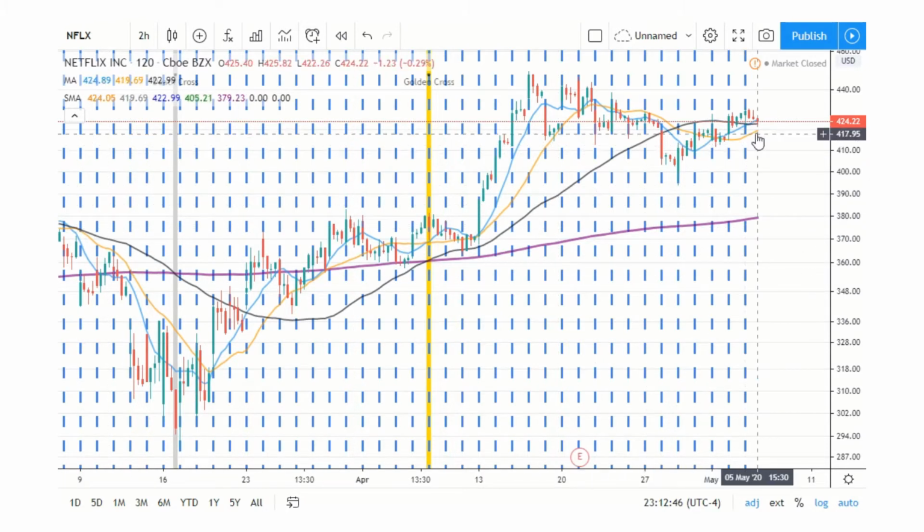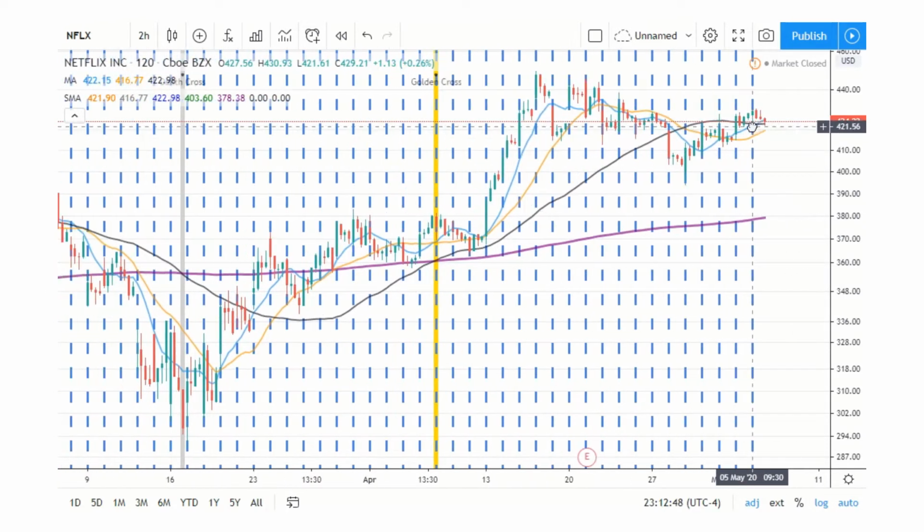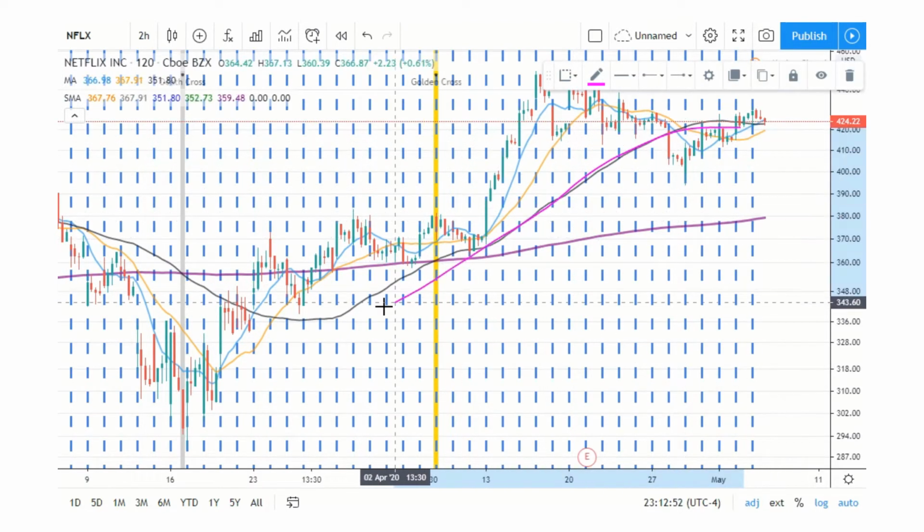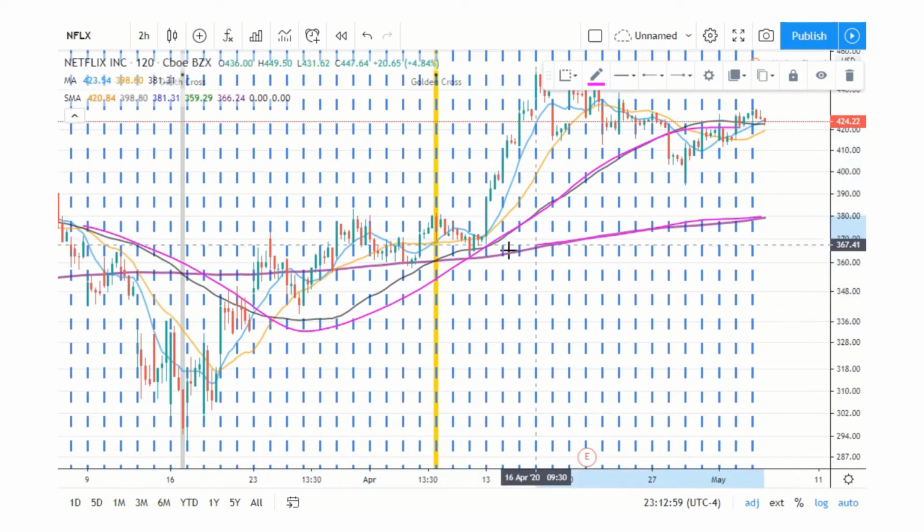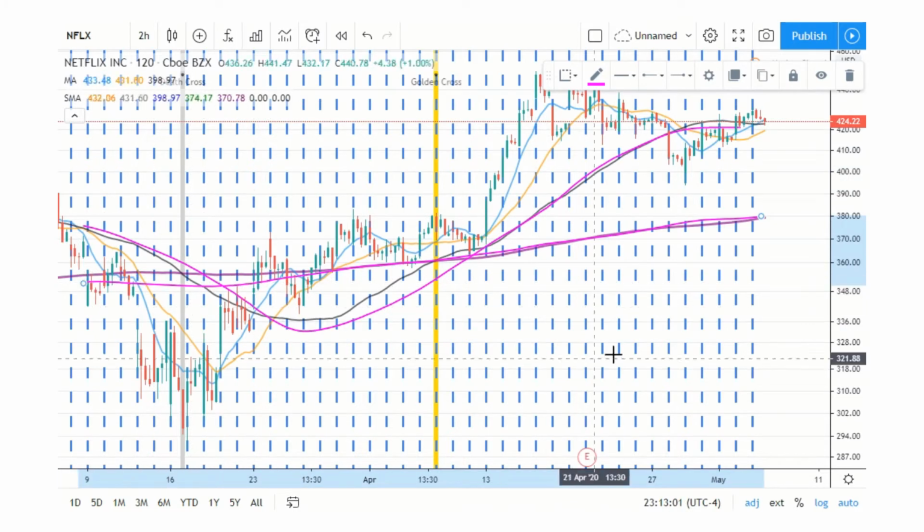So the black line would be the 50 moving average, and then the purple line is my 200-day moving average.